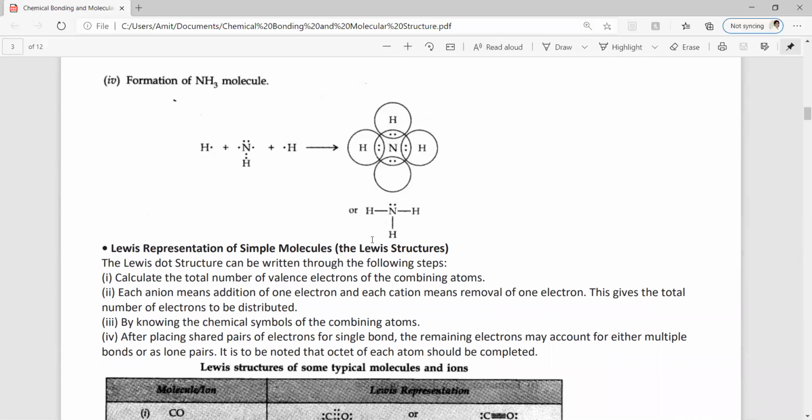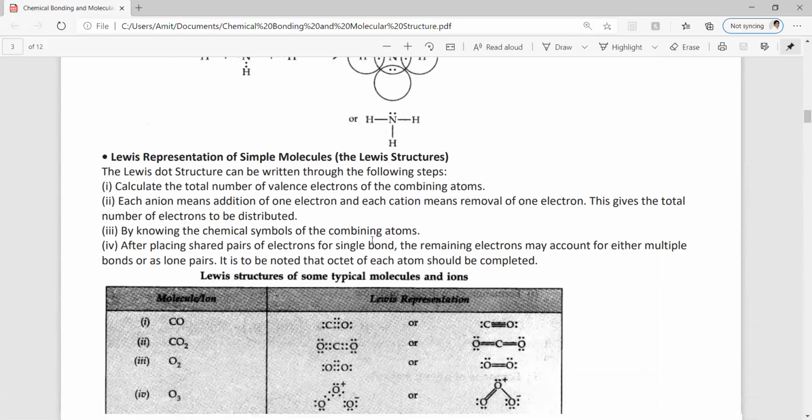And then nitrogen, in ammonia, will again have five, and then it will share one with each hydrogen, so that it has three hydrogens attached to it, so that they can get a stable structure.